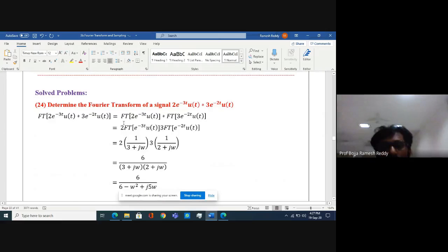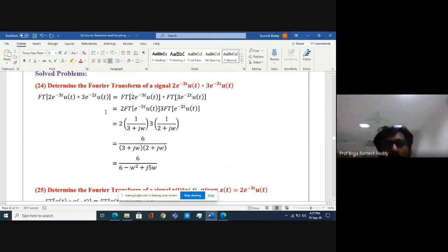See the application. They are asking to determine the frequency domain of 2e power minus 3t u of t convolved with 3e power minus 2t u of t. There are two signals and there is a convolution operation between those two.